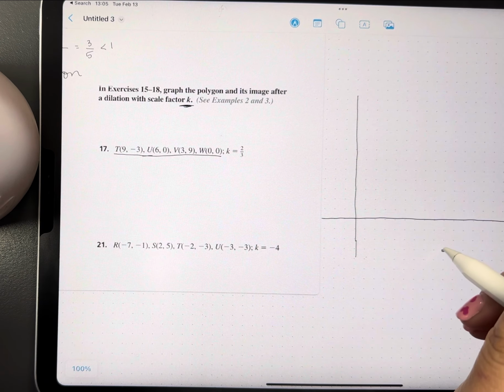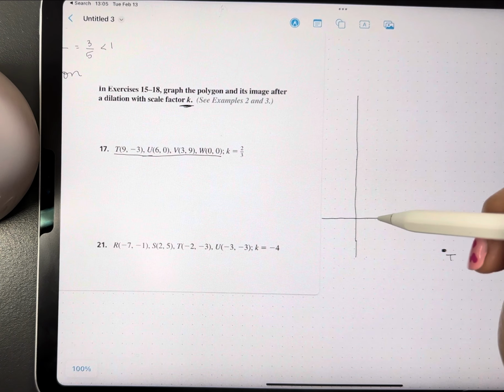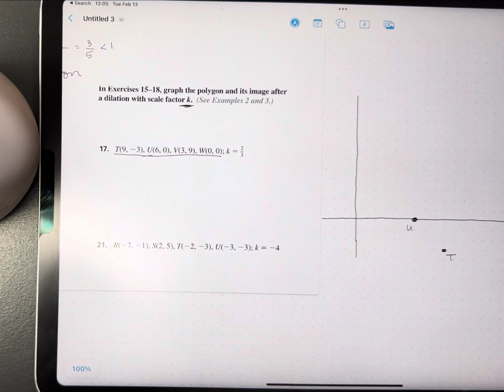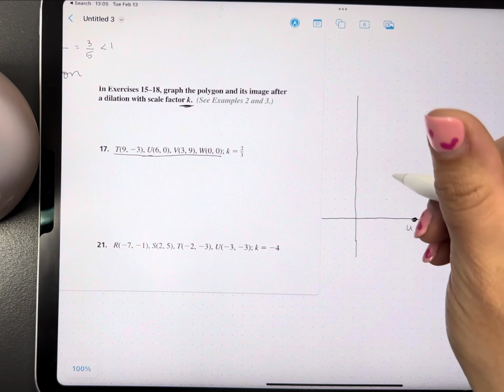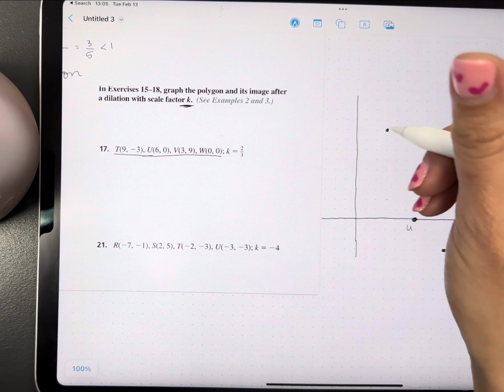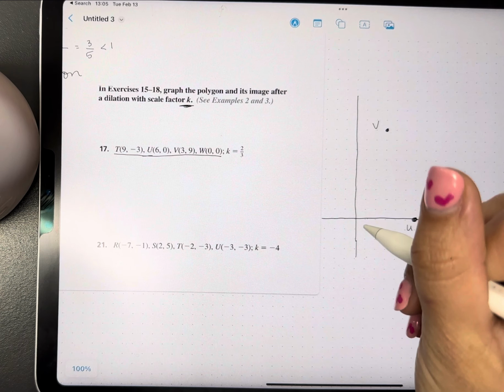Right there. This is T. And then U is 6, 0. So 1, 2, 3, 4, 5, 6, 0. And then V is 3, 9. 1, 2, 3, and up 1, 2, 3, 4, 5, 6, 7, 8, 9 is V. And then W is 0, 0.